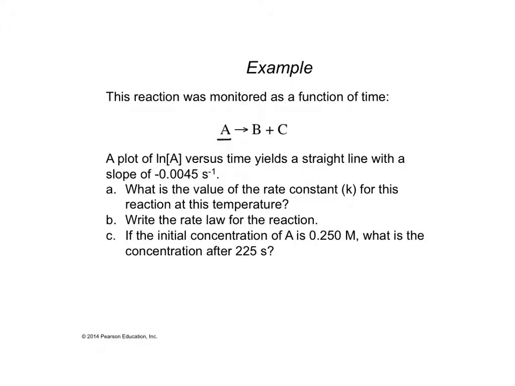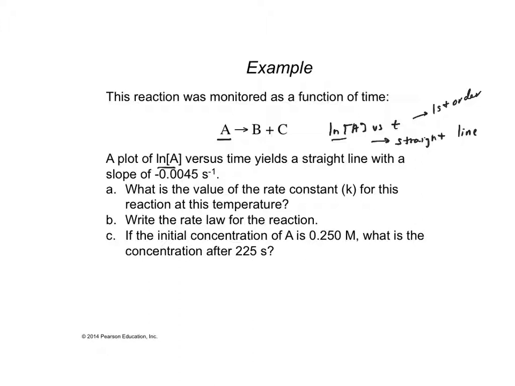And they tell us that a plot of the natural logarithm as a function of time, so ln of A versus time, yields a straight line. All right, so that's a big indicator right now that this, because it's ln of A versus time, is a first order reaction.